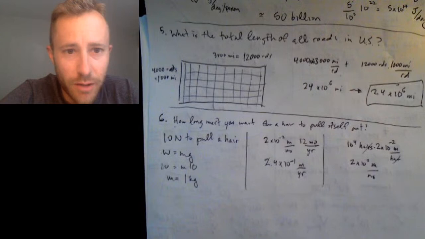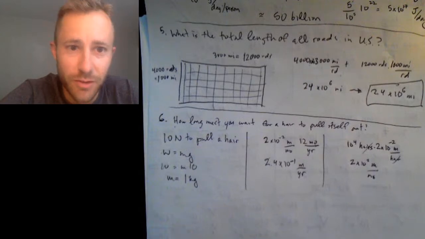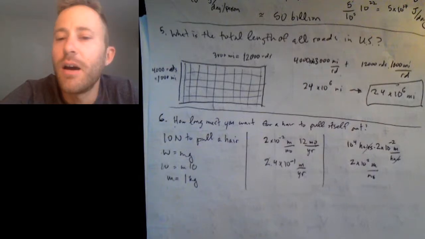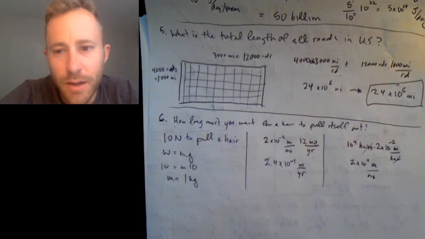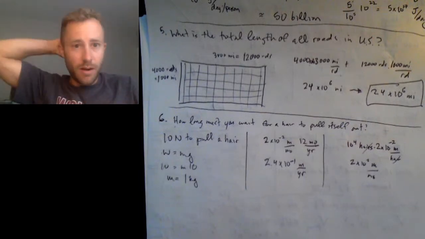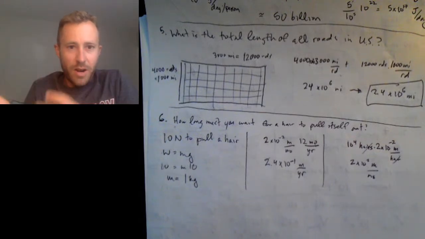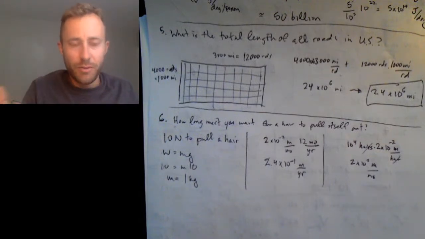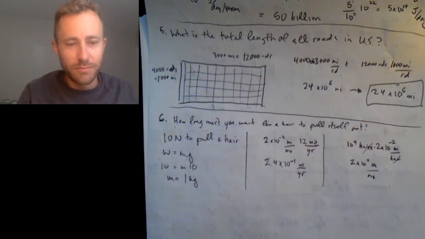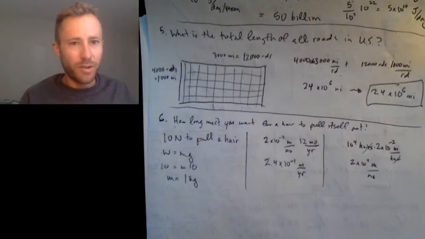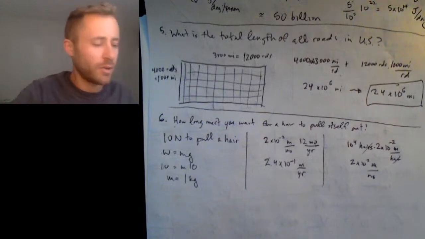That's a lot, 200 meters per month, but there's a lot of hairs on top of your head. All right. And I happen to know that if I cut my hair in a given month and I took that pile of hair and I weighed it, it's like a barely perceptible amount of weight. I would say that a barely perceptible amount of weight is something like 10 grams. Like you can tell that there's weight there, but it's not very much.